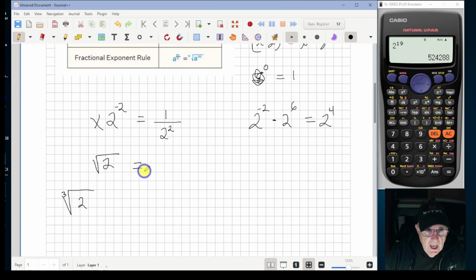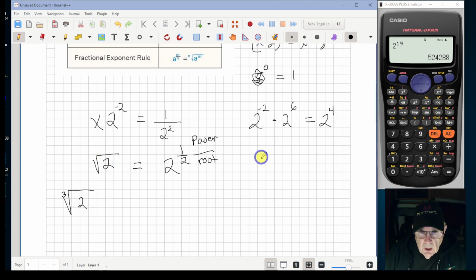This can be written as a fraction. Fractional exponents. It's the power of the numerator, and the bottom tells us the root. So this is another way of writing the square root of 2.